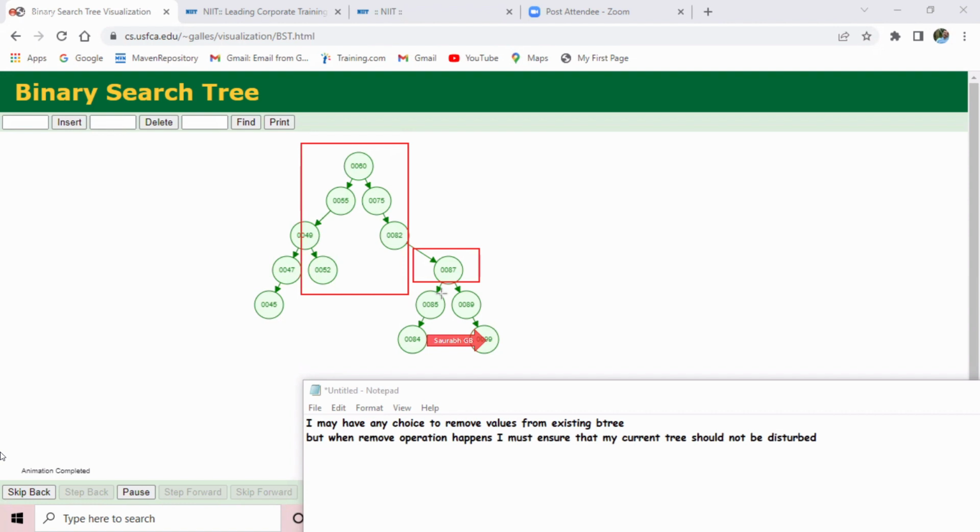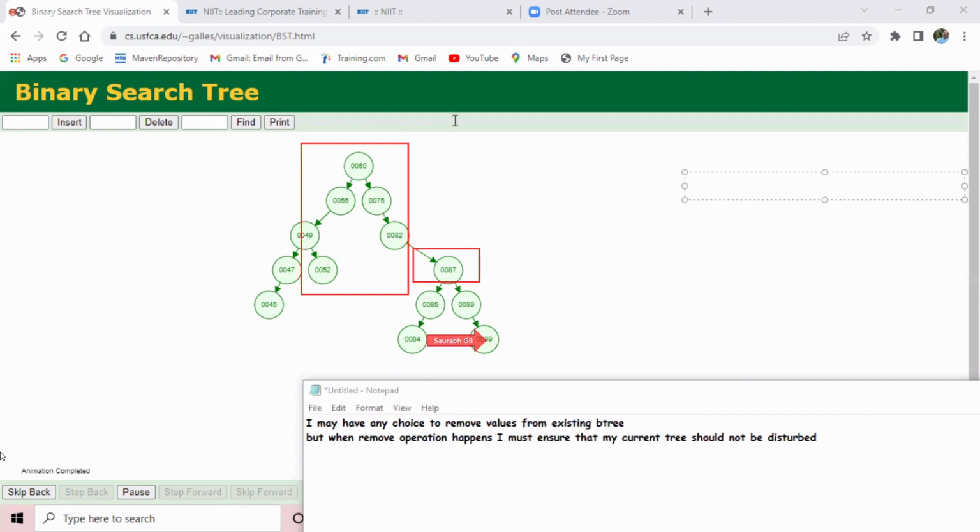Because this is the basic challenge of a binary tree. So in a binary tree, whenever deletion happens, first and foremost I need to make a rearrangement between the nodes which are already over there after deletion. So after deletion, who will be the parent of this node? I need to take a decision and make it available.